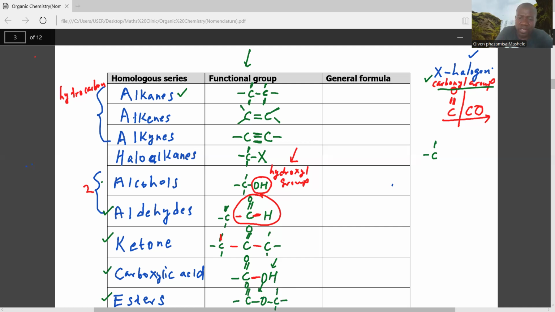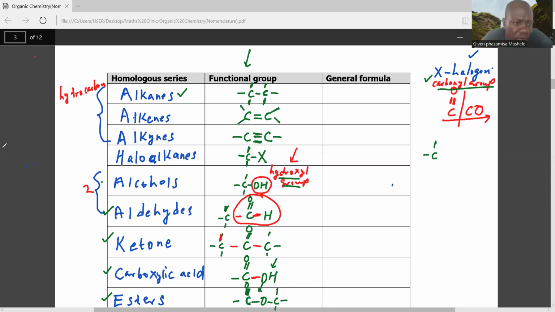Remember that on the carboxylic acid, on the carbonyl, we need to see the hydroxyl group. But on an ester, it's the oxygen with the carbon atom, not the hydroxyl group. I believe you are following.